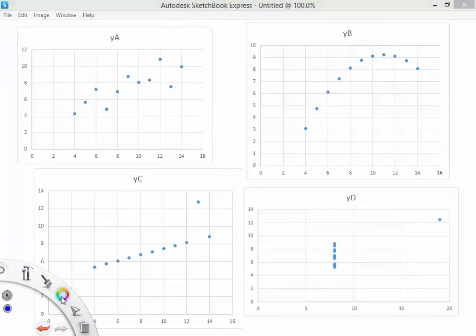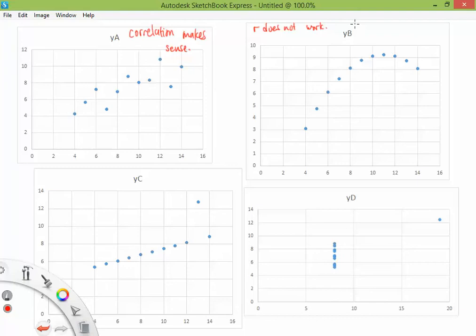So let me just annotate this, and you don't have to write this down. It's going to be saved up online. So for this one, correlation makes sense. Okay, here R does not work. Why? It is clearly not a straight line. There's a clear curved relationship, right?